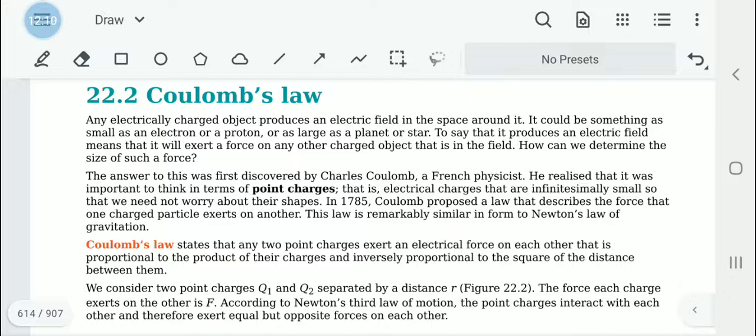Then leave a line and write Coulomb's law states that any 2 point charges exert an electrical force on each other that is proportional to the product of their charges and inversely proportional to the square of the distance between them.